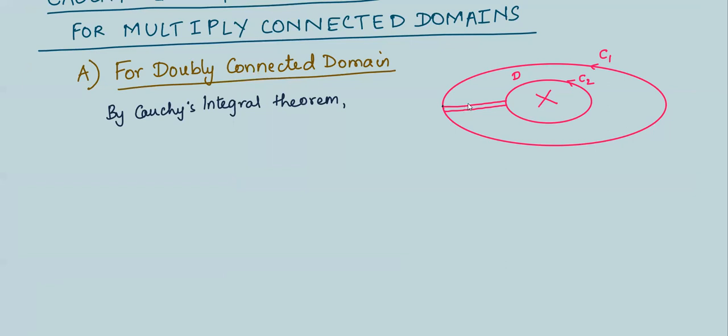Let's say I start here and I go this way, then I go here, and go through this whole loop, come back here.